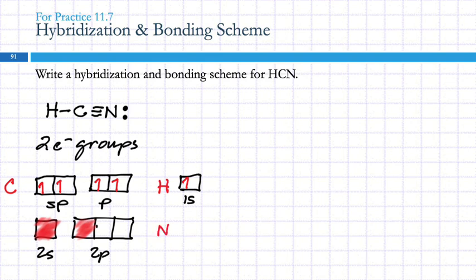And then nitrogen, we're going to assume that this is not hybridizing. So here we've got 2s and 2p. Nitrogen has 5 valence electrons. So we're going to stick them in here. 1, 2, 3, 4, 5.